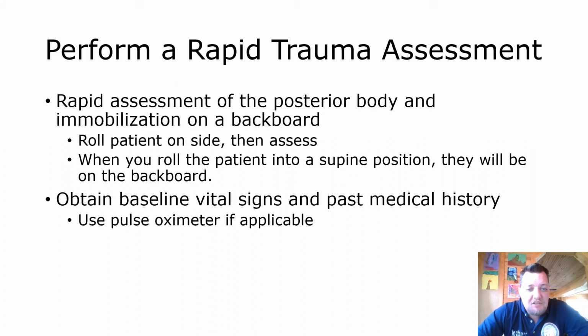Okay, so posterior body and putting them on a backboard. We're going to roll the patient on their side and then assess their back. What we're checking when we check the back is that DCAP-BTLS.